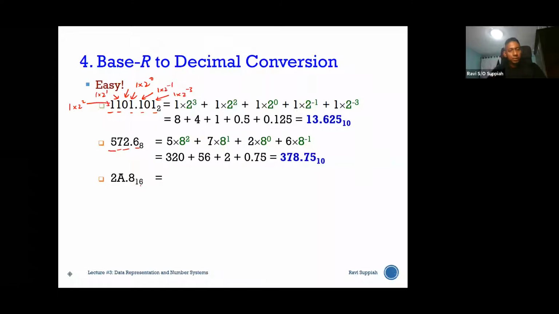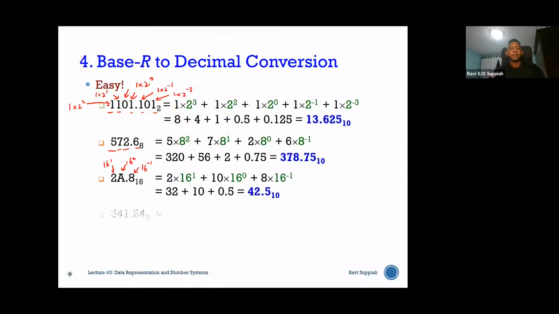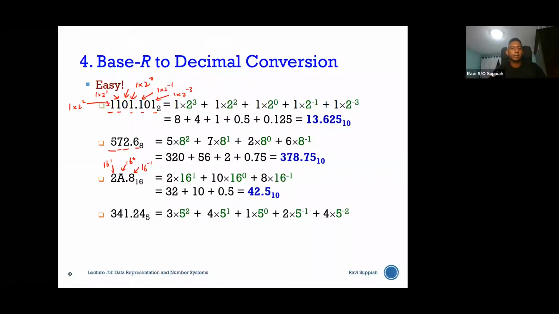Again, the same thinking: you start off with 16 power 0, 16 power 1, and then this is your 16 power minus 1. Then you get your final answer here. Even if you suddenly have a different base which you have not seen before, it doesn't matter. It is still the exact same way in which you interpret and get the final answer.